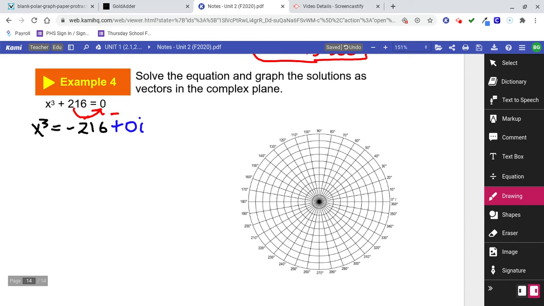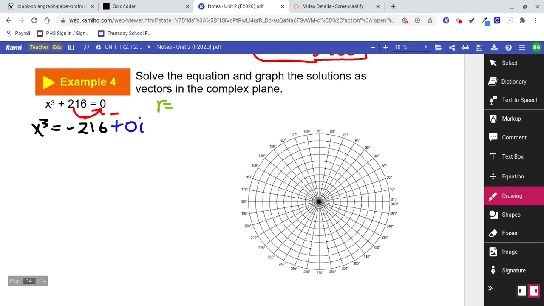Okay, now we can see that it's a complex number. Complex number in rectangular form, though. Nth root theorem only works in polar form. So basically what I want to do is convert to polar form and use my DeMoivre's and my nth root theorem. Okay, so think about what we have to do to convert.